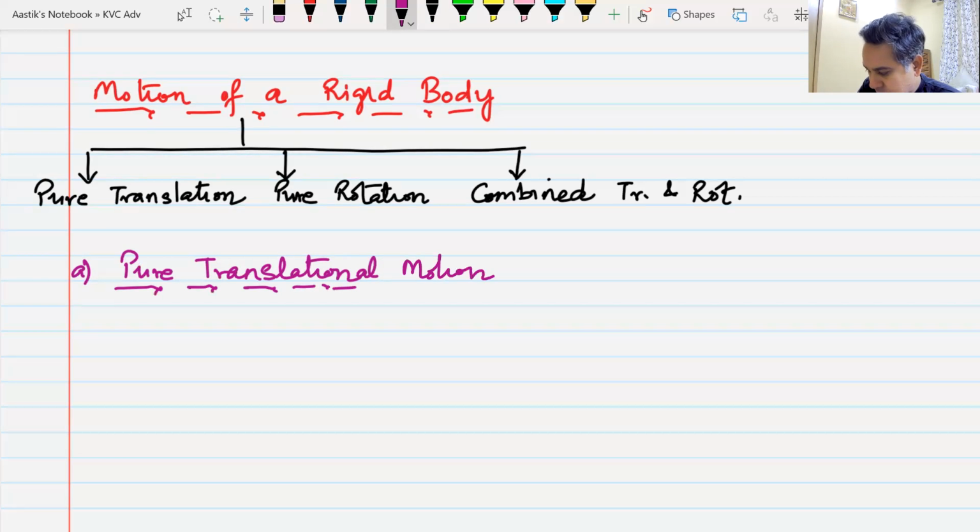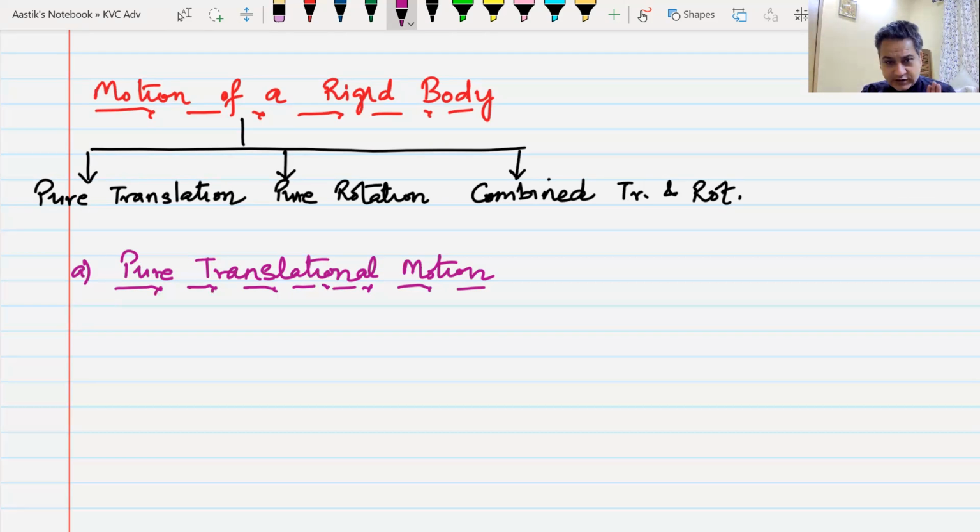Motion in a straight line. Motion in a straight line is pure translation. If this body moves like this, is this translation or rotational?